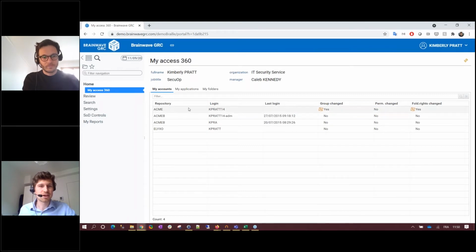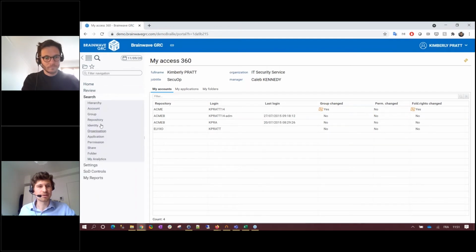So when I'm logging here, I can see the context of myself as an IT security operational. This is the list of my own access. And you can see that in Brainwave here on the left, we can retrieve a lot of concepts around the access management.